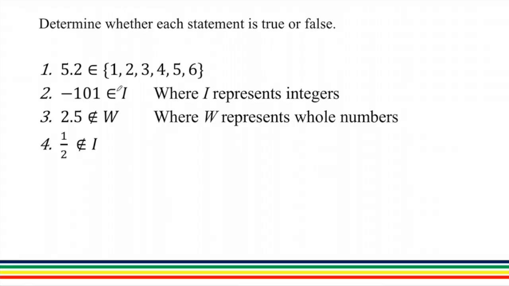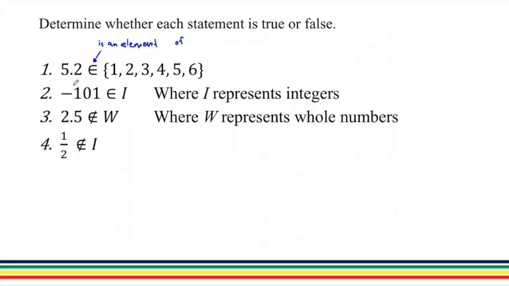Okay, let's determine whether each statement is true or false. Number one, 5.2 is an element of the set 1, 2, 3, 4, 5, and 6.